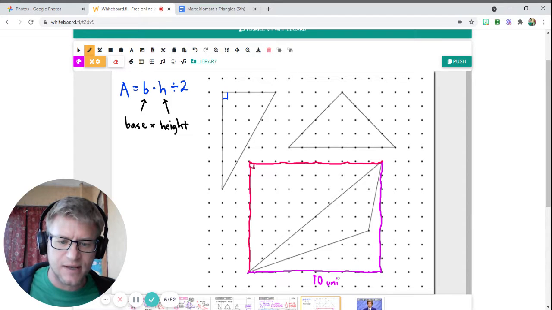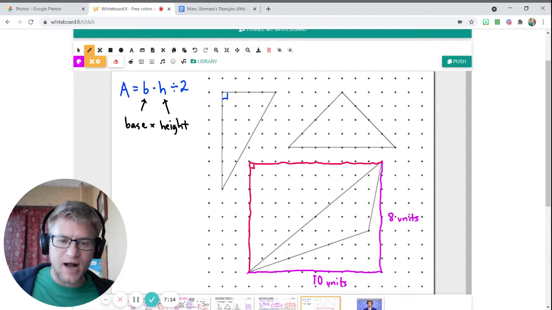And over here, I have a dimension of 8 units, right? If I count, I start at 0 and I go 1, 2, 3, 4, 5, 6, 7, 8. Down here, 0, 1, 2, 3, 4, 5, 6, 7, 8, 9, 10. So the entire box, the whole thing, is 80 square units. Okay, that's fair.